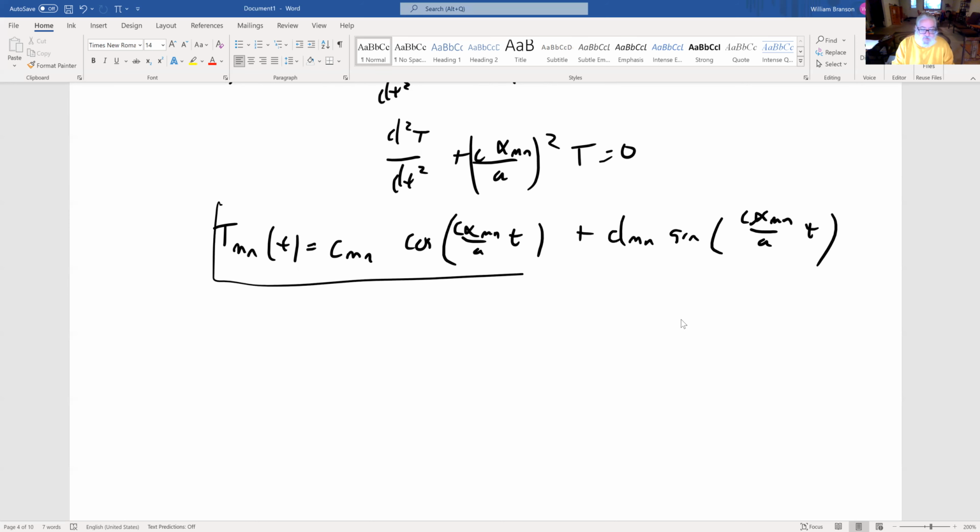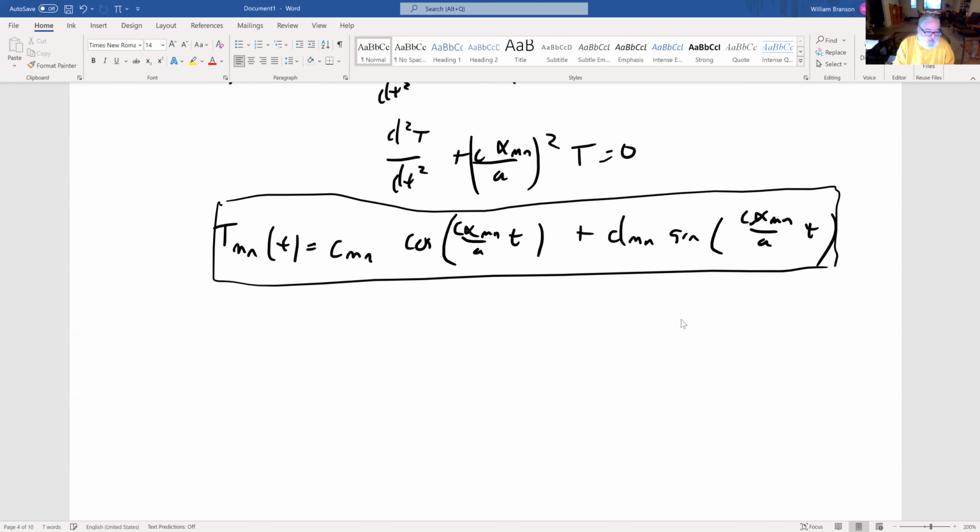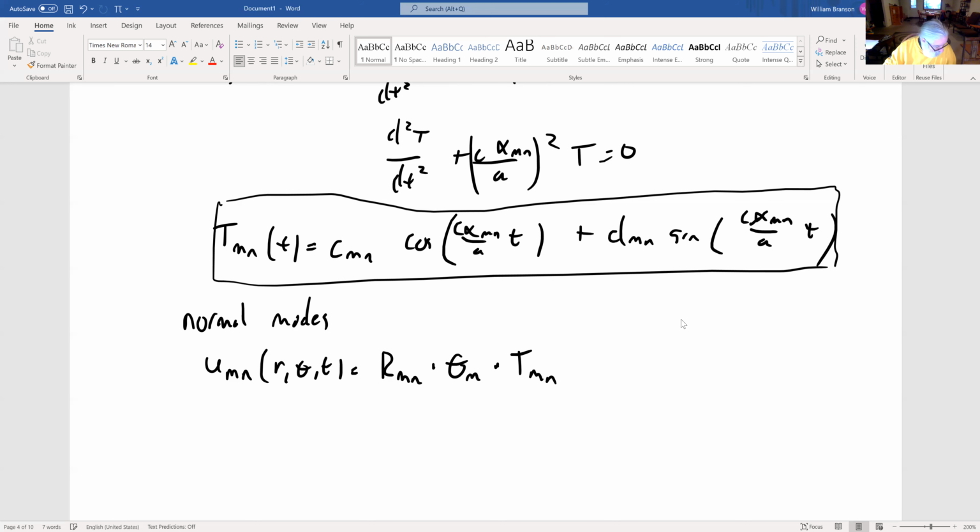So those are solutions for T. So now we can create our normal modes. They depend on the two integers, umn, and that's going to be Rmn times theta, which depends only on m, times T, which depends on m and n.